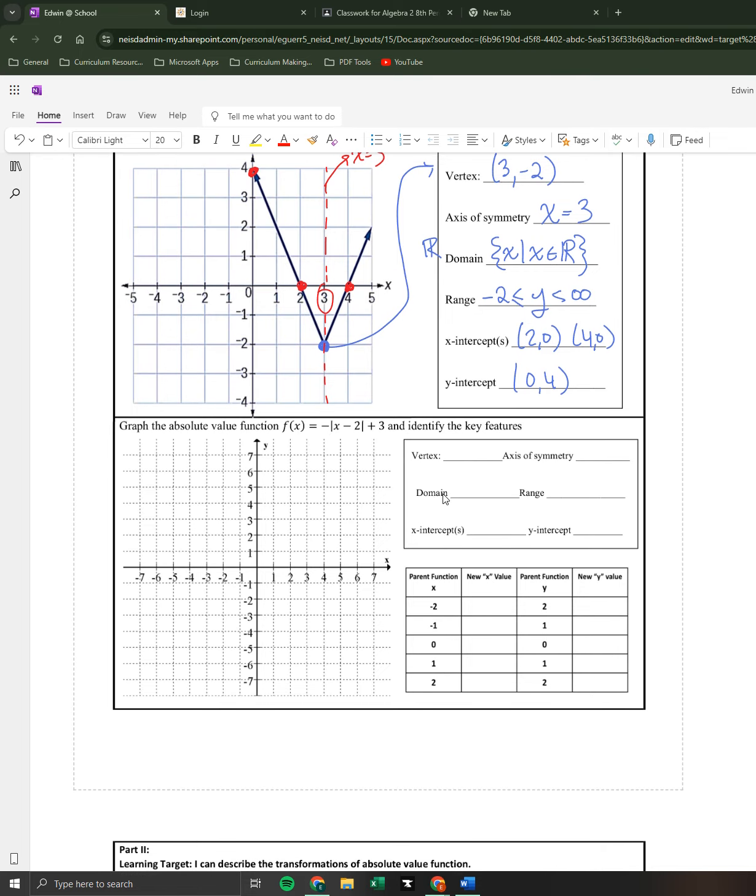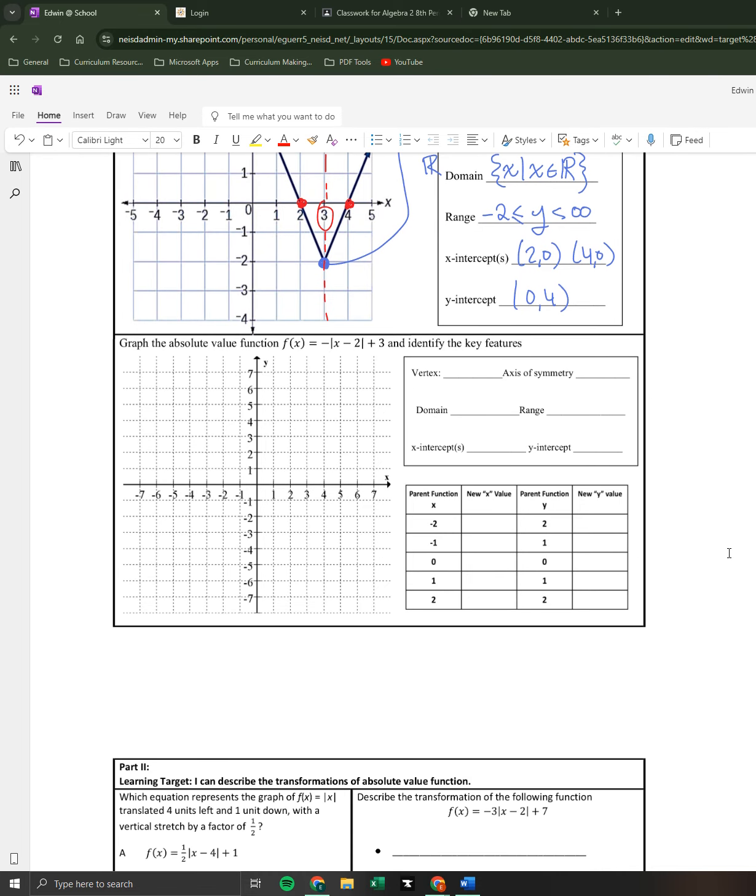So for these types of questions, we want to see how these transformations affect the parent function. The parent function is always going to be this v that comes out of the origin. So the way that that v changes with these transformations is, okay, this negative 2 means that it's going to move 2 to the right. This plus 3 means it's going to go 1, 2, 3 up.